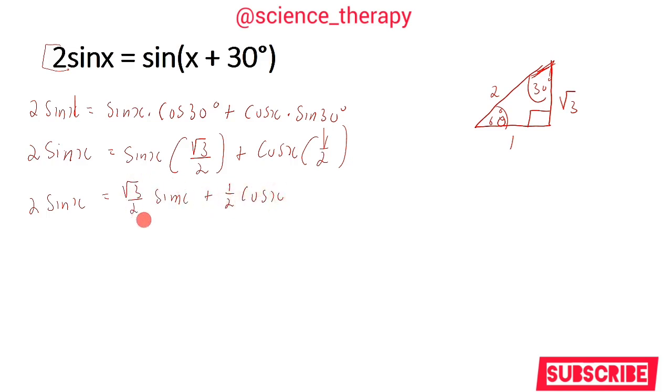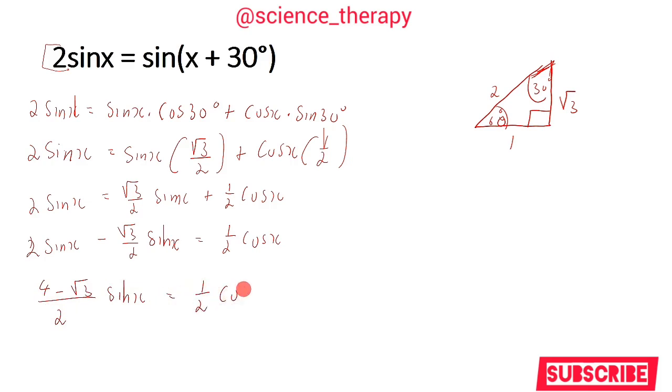Now at this point we can see that root 3 over 2 sine x and 2 sine x are like terms. So let's transpose that one to the other side. Then 4 minus root 3 over 2 sine x is equal to half cos x.